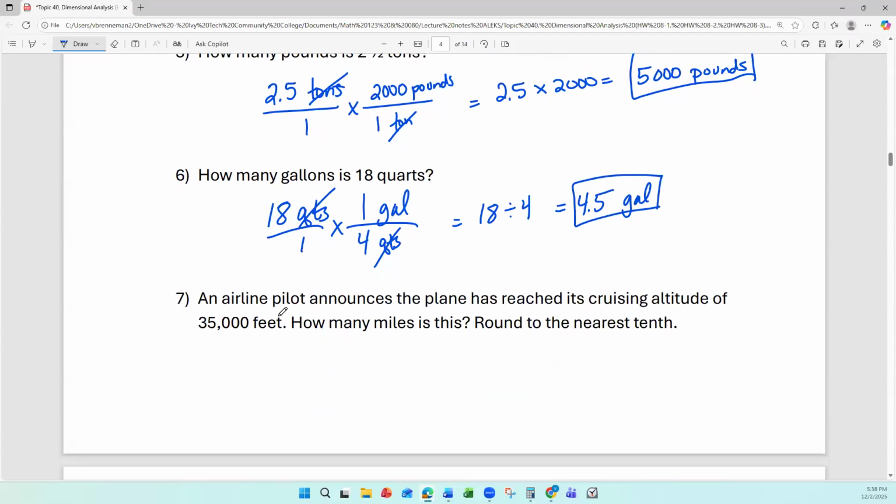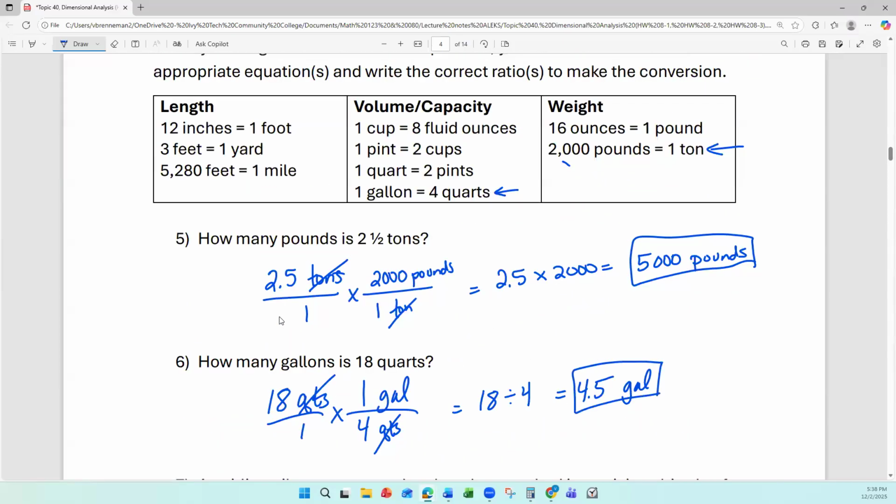Then an airline pilot announces the plane has reached its cruising altitude of 35,000 feet. How many miles is this? I'm going to start with the 35,000 feet over 1. And I look at my conversions and I have 5,280 feet equals 1 mile. So that's what I'm going to use for this.